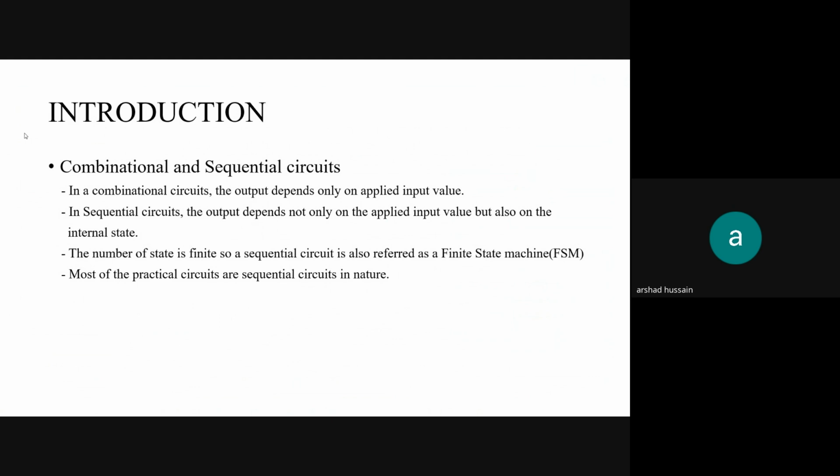If the value of the count is 4 and you apply a clock, you expect the output to be 5, and that will depend not only on the clock, which is your input, but also on the previous count value, which was 4. So this previous value can be regarded as the state of that machine.